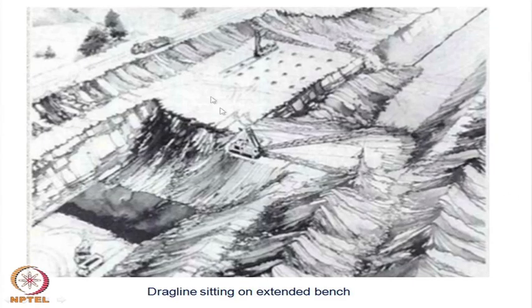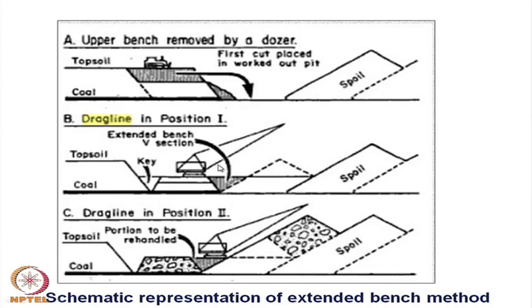But otherwise, when the machine is sitting over here, you can see this is the line of the boom, it is dumping the material over here, and this is how the windrow is getting formed. But when this machine was moving in this line, at that time this was the height where this material was spoiled down. So, this is how exactly an extended bench method works.